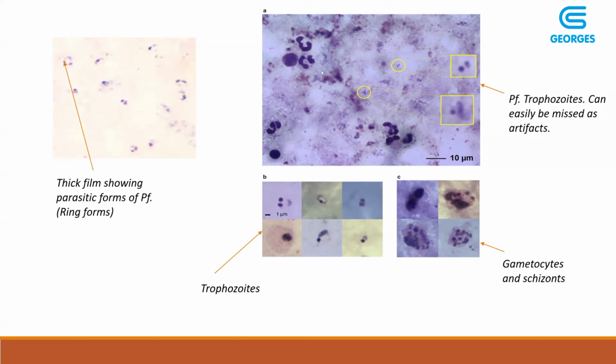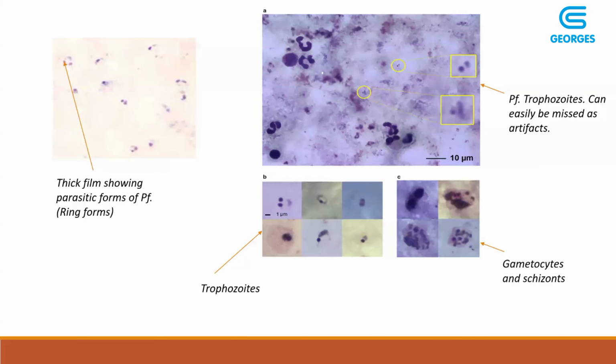On the bottom right, we can see a number of different types of trophozoites. We can see rings with double chromatin. We can see one chromatin. We can see rings with very coarse cytoplasm, classical presentation of P. malariae.